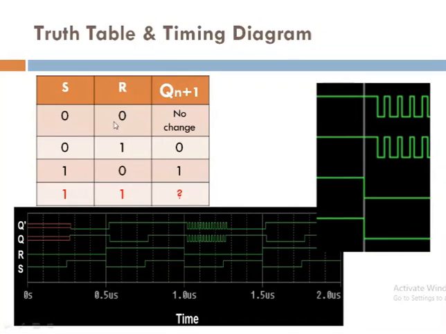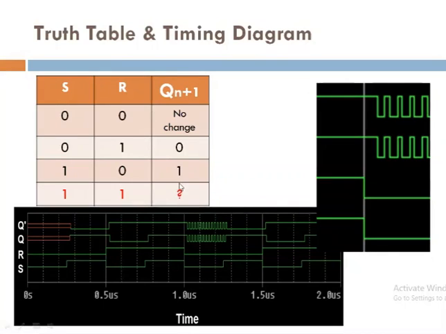So when the value is 0 0, there is no change in your circuit, it is considered as the previous output. Now if it is 0 1, your Q n plus 1 is 0. For 1 0, it is 1, and when 1 1, this is a question mark, or we can call it a race around condition.